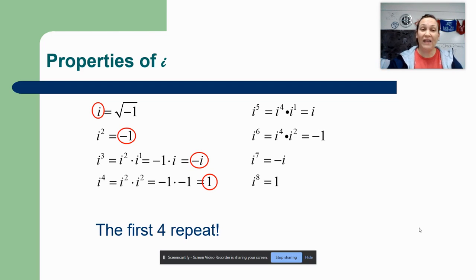So i to a power will always end up being one of these 4 things: i, -1, -i, or +1. That's it. Those are the only answers that you can get for these problems. So the trick is going to be trying to figure out which of those 4 answers it is.